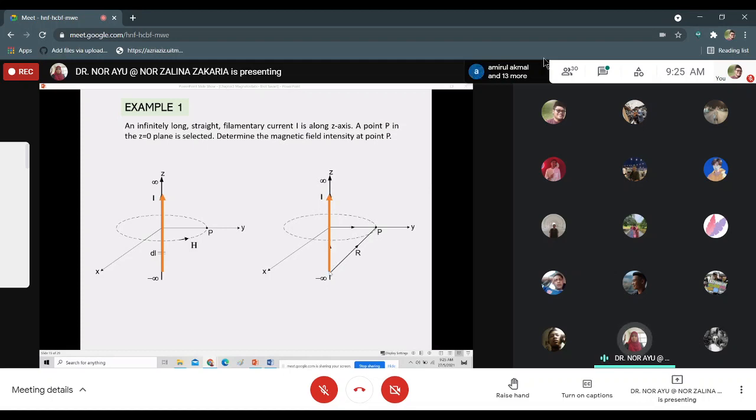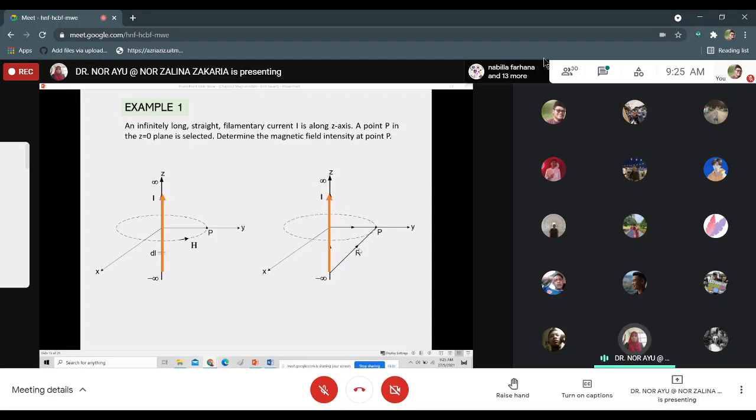So what we can do is that we draw the line from the starting point of the current here. Okay, this is the starting point, let's say. So we draw the line from the starting point of the current towards the point of observation P. Okay, daripada starting point towards the point of observation P. So that will be your R. Okay, that will be your direction.